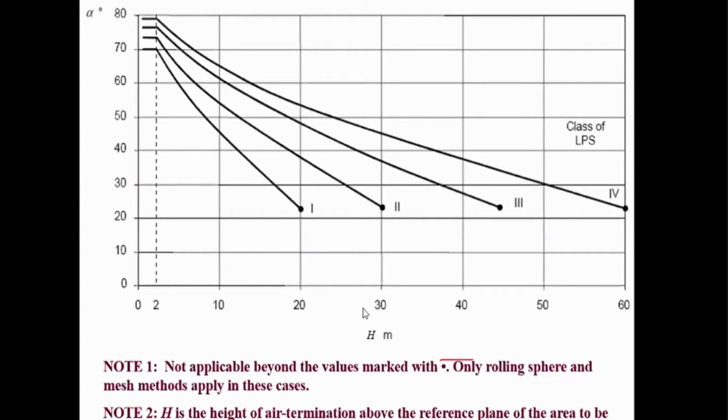Okay, and there is one very important catch point of this table. Now you see the H, the x-axis H, is the height of the air termination above the reference plane. So keep in mind that it is not the height of the building. It is the height of the air termination above the reference plane. What is the reference plane? Let me explain it in the next slide.